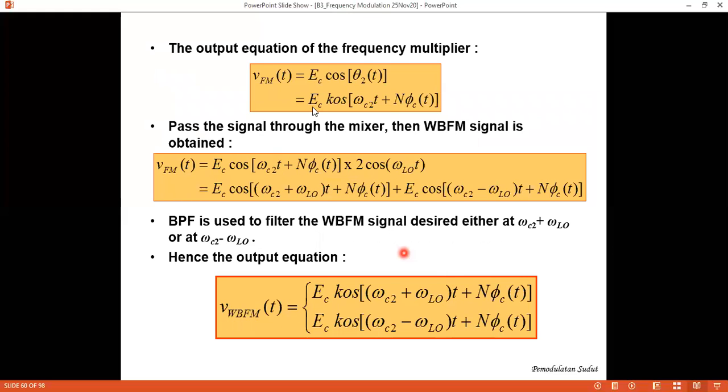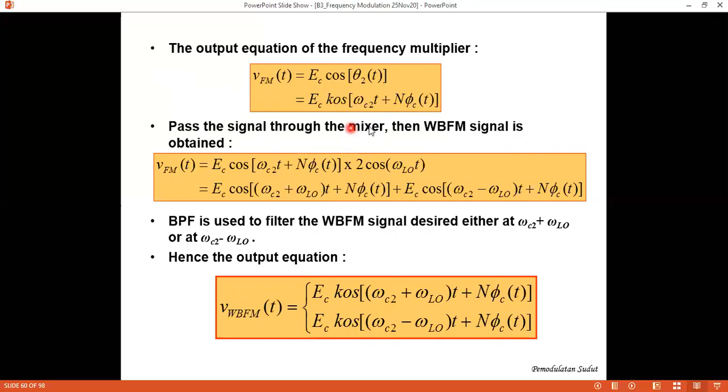And then the output equation after our frequency multiplier is EC cos theta 2(t), where theta 2(t) is equal to omega C2 t plus n phi C(t). So after the multiplier, we send it to the mixer.